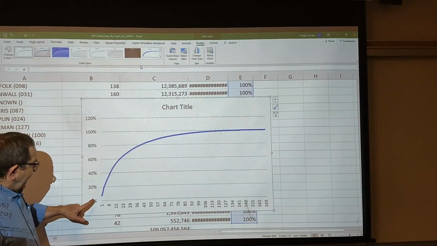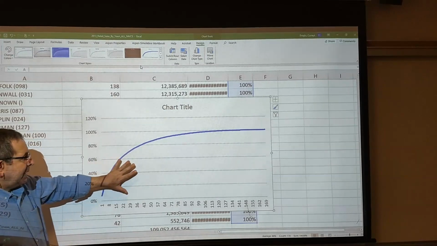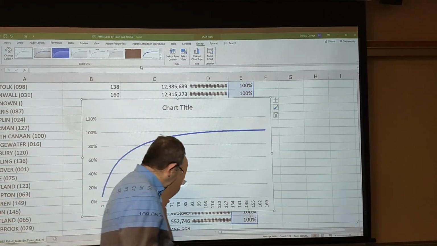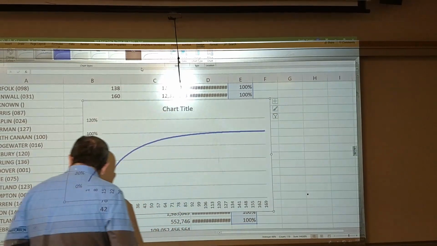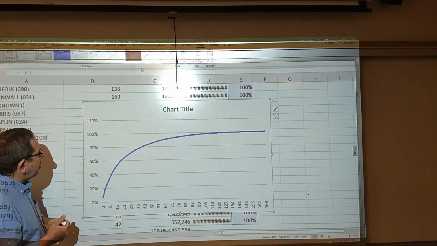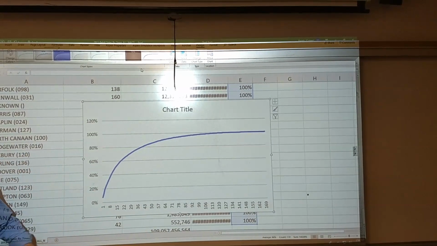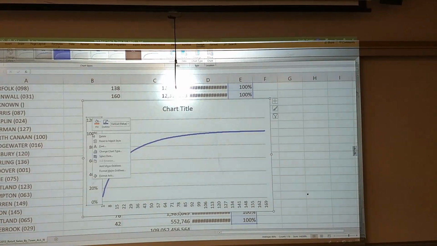If we look at which ones are A, B, and C municipalities, let's look at that. So I'm just looking at this. Let me change the format of the axis here.